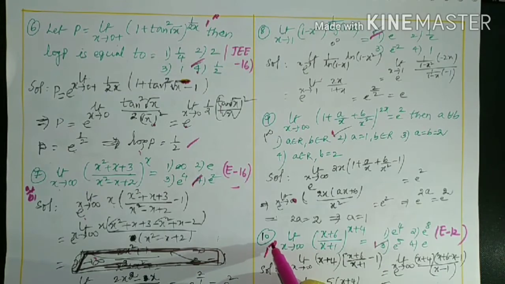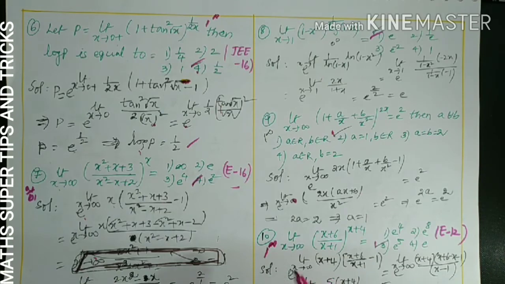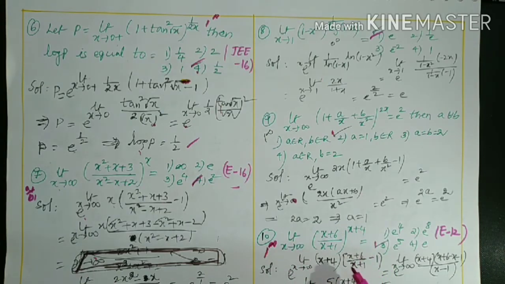As usual, we keep it in e power of limit as x tends to infinity. The power here is x + 4, into the base (x + 6)/(x + 1), from which we subtract the 1 as usual.